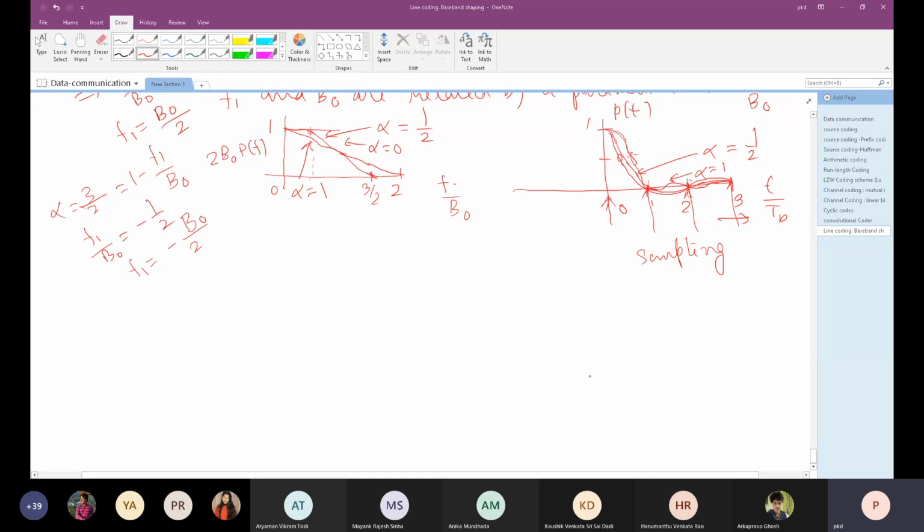However, for this part, for baseband shaping, these are some of the main ideas. There are other schemes at the baseband level, of course, those we will not discuss.